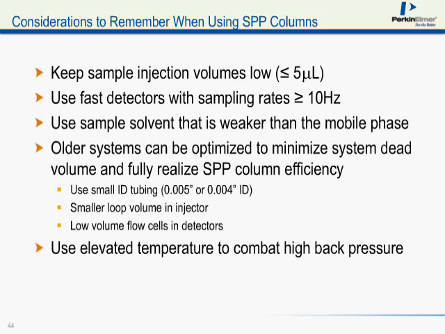I would want to dissolve my sample in 50-50 ACN water or in more water, say 75% water, 25% ACN, so that's a weaker sample solvent than the mobile phase. The reason for this is, if you use a strong solvent such as ACN and you do a large injection, you're not going to get good retention of your analytes on the column, because as that plug of 100% ACN moves through the column, it's going to carry your analytes with it.